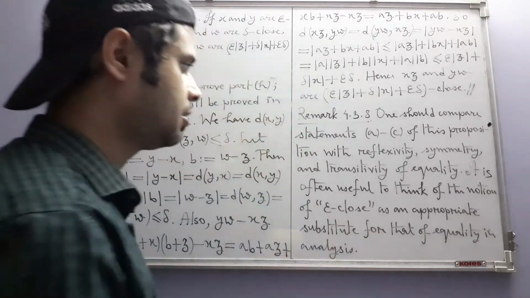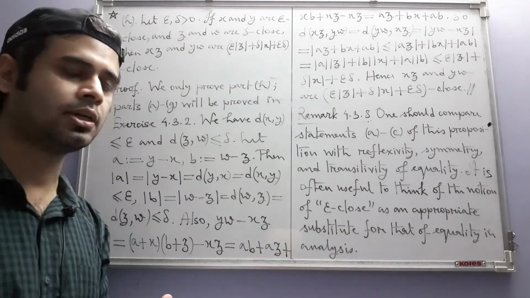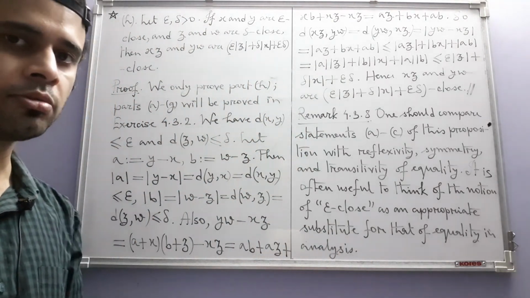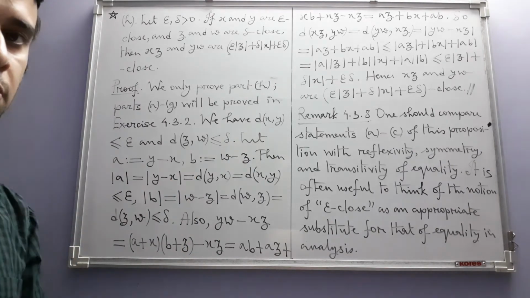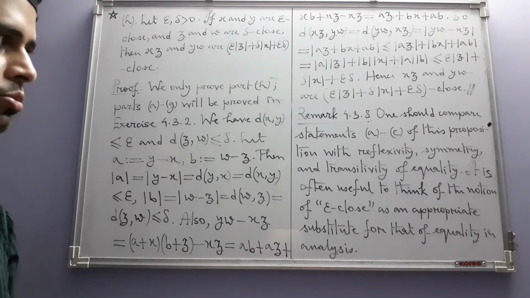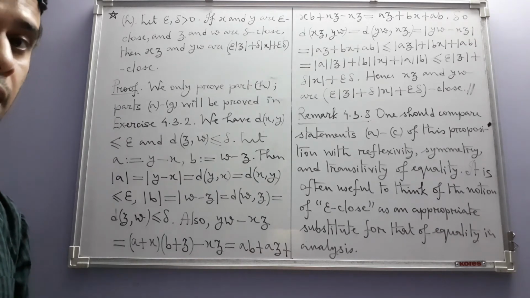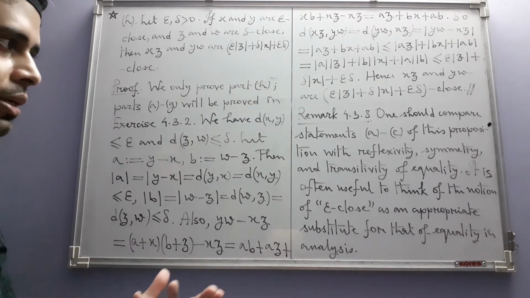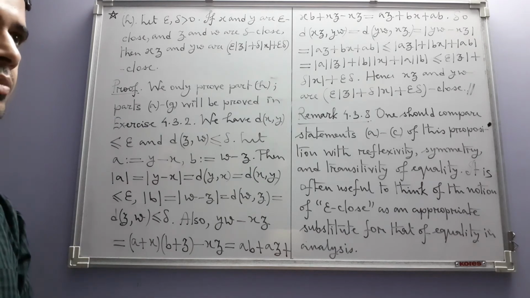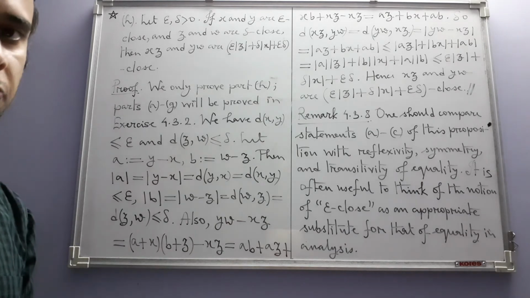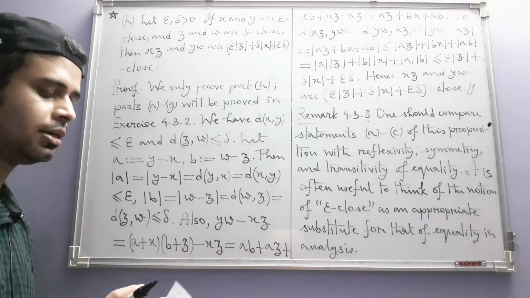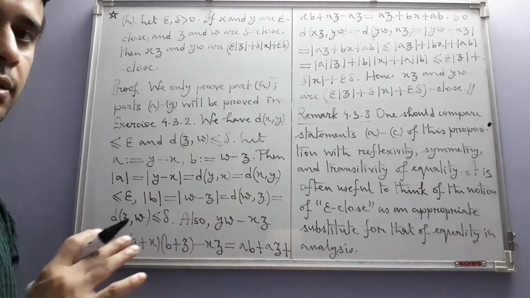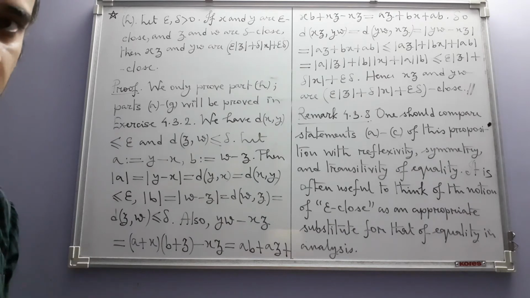The situation is somewhat like the relations of two geometric figures being congruent to one another and two geometric figures being similar to one another. Similarity is a relaxed form of congruence. For two figures to be congruent to each other, they have to be exactly the same in all respects.